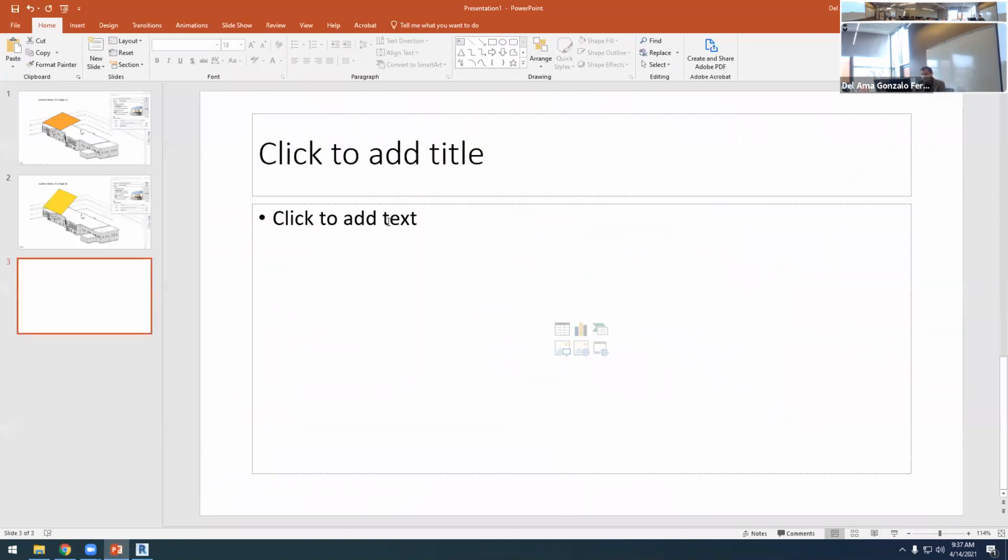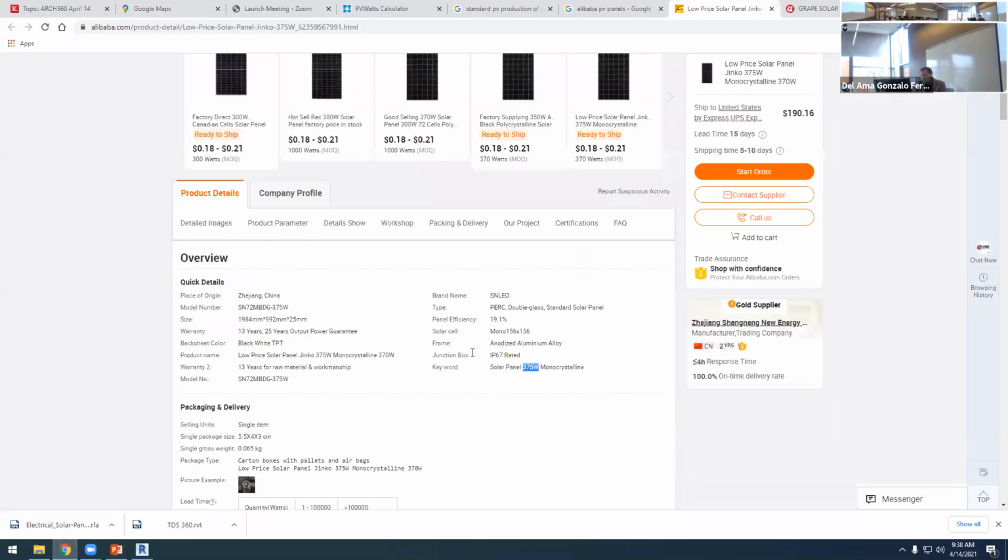So we need some math. So we have the power is 375 watts. Now the area, here we have the dimensions.